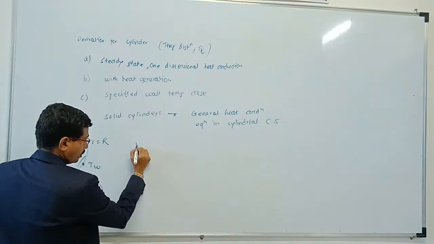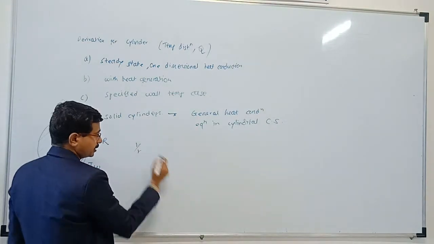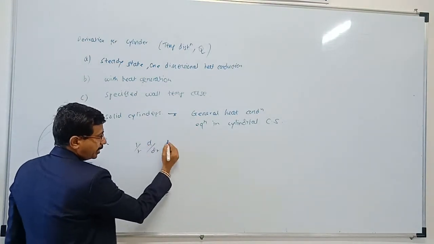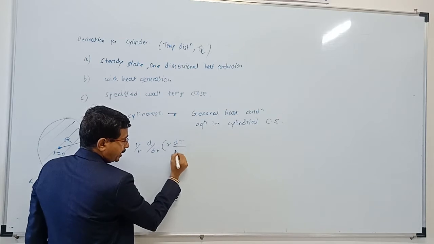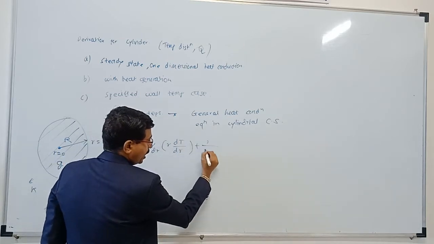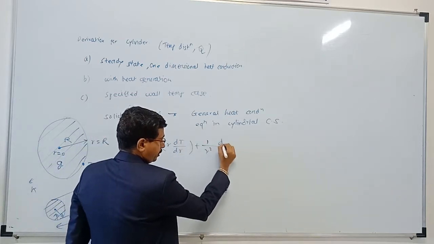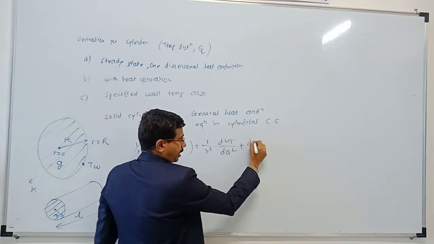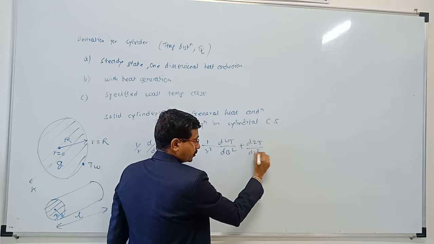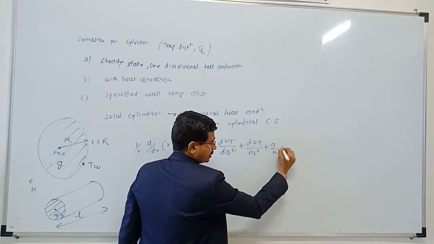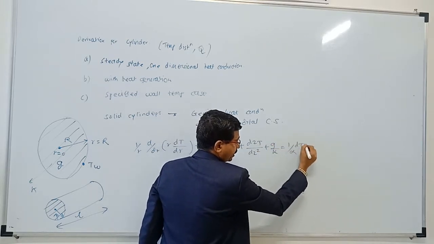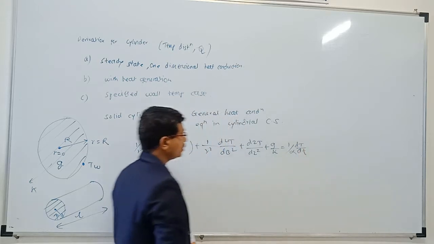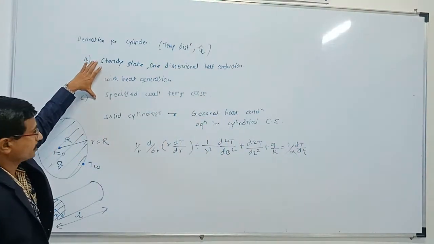What is that? 1 by r, just recall the previous lecture: 1 by r d by dr of r dT by dr plus 1 by r square d square T by d theta square plus d square T by dz square plus g by k is equal to 1 by alpha dT by dt.